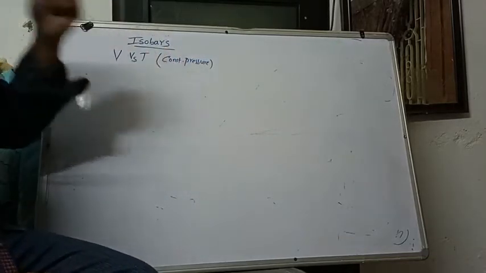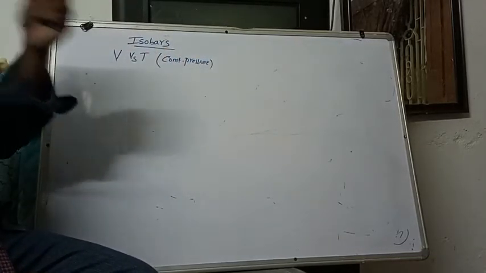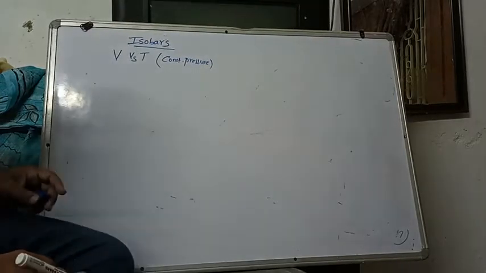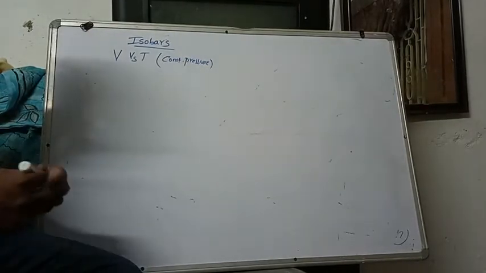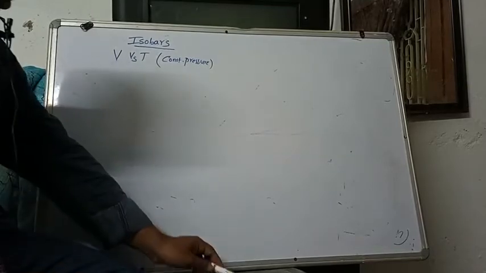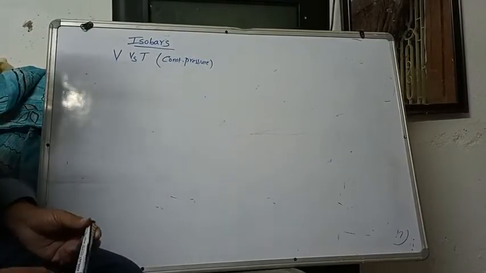So we are using constant pressure here, so these graphs are called isobars. Now let us see which types of graphs we can observe.